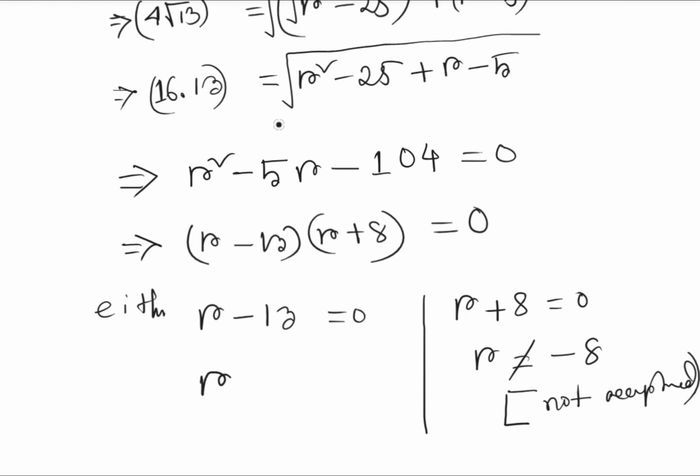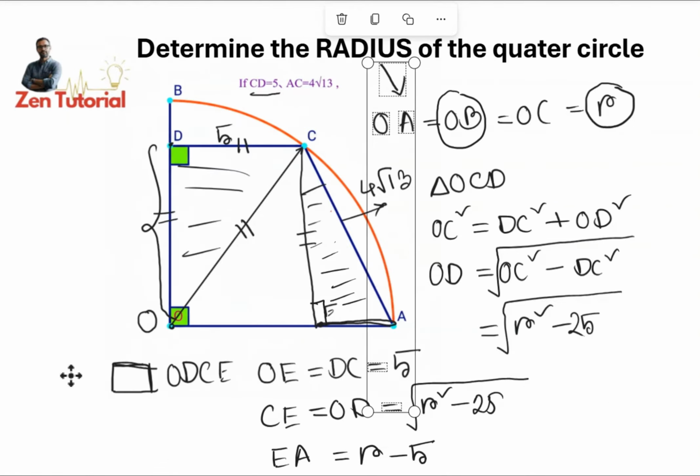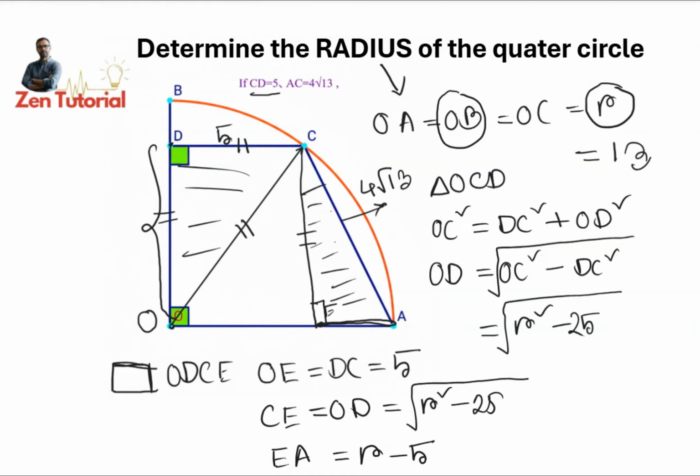So the value of R is equal to 13. This value is the answer for the radius of the quarter circle. So the value of R we found is 13. This is the accepted value, and this is our final answer.